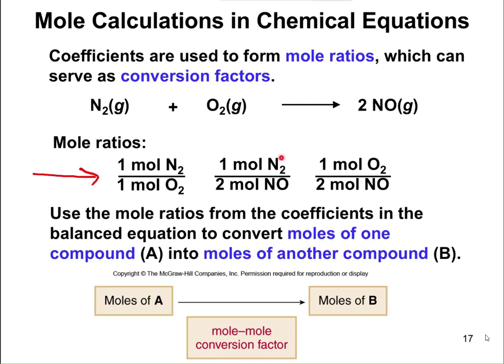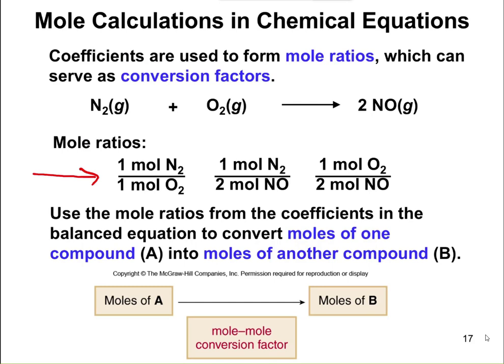For every 1 mole of N2 that reacts, 2 moles of NO are going to be formed. Again, that's because this coefficient here is 1, and this one over here is 2. For every 1 mole of O2 that reacts, 2 moles of NO are going to be formed. All right? So these mole ratios allow you to convert from moles of one compound to moles of another.